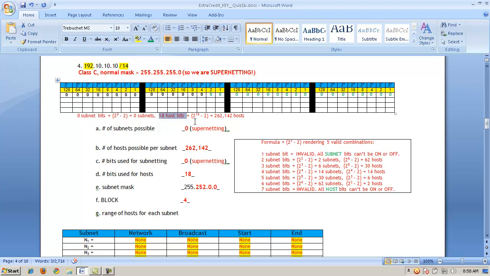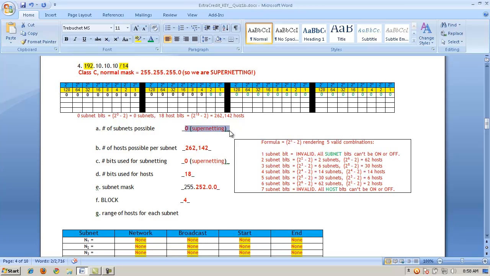Where we would normally only have 8 host bits in a Class C network, now because of the CIDR 14 we've ended up with 18 host bits, which, if we plug it into the formula, 2 to the power of 18 minus 2, gives us 262,142 hosts.